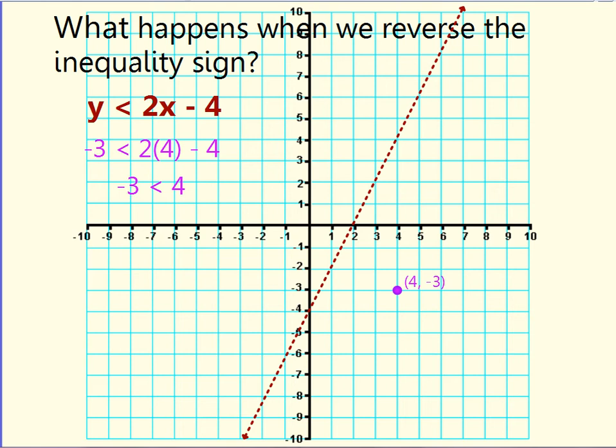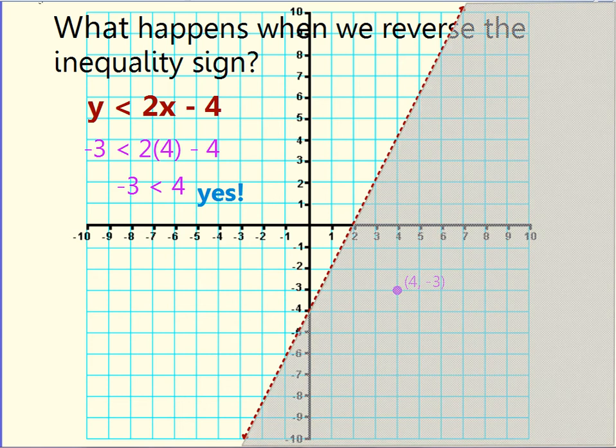True or false? Well, this time, a point on that side is actually part of our solution. And again, if one point in that area is part of our solution, then you'll find that all points in that area are part of our solution. So that's the half of the graph that we're going to shade this time.